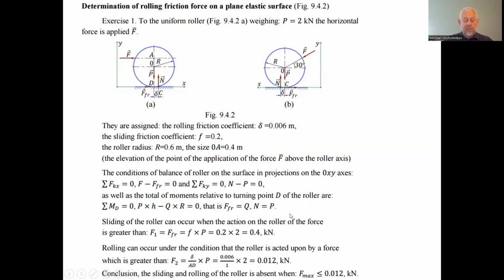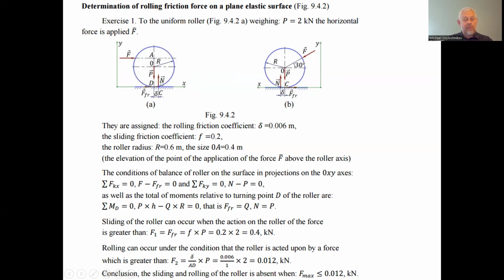For the conditions of balance, first we have to consider that the total of all projected forces on the abscissa axis equals 0. Then we can find that the transverse force has to be equal to the force of the resistance of the rolling, or maybe friction as well.